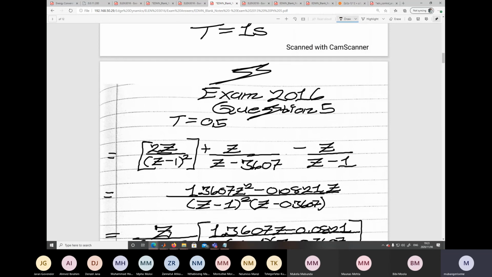Let's try that. So, Michaela, what is your query? You're saying there's a problem with my last term, that constant. Yeah, I was just asking if you multiplied it, because on my side I have something different, so I just wanted to know if I'm the one who made a mistake.